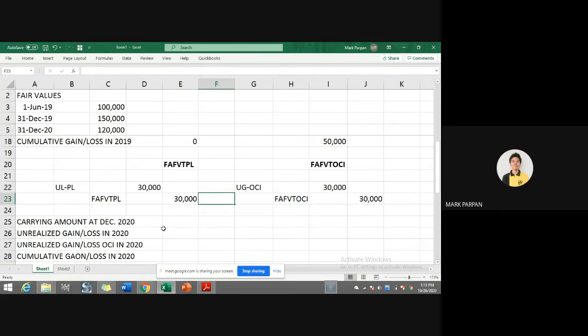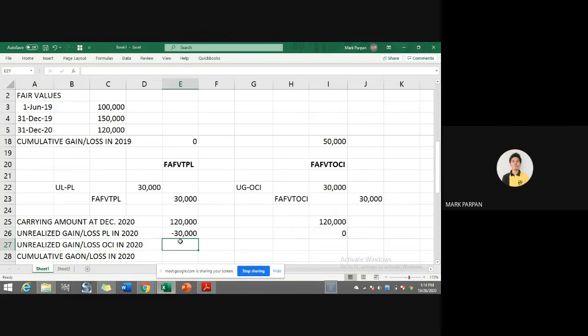Okay, let's answer this. The carrying amount at December 31, 2020 is 120,000, always at fair value. Unrealized gain or loss in 2020: we have a loss of 30,000. Here, the loss in PL should be 30,000 in 2020. Here it is 0 again because this is OCI.